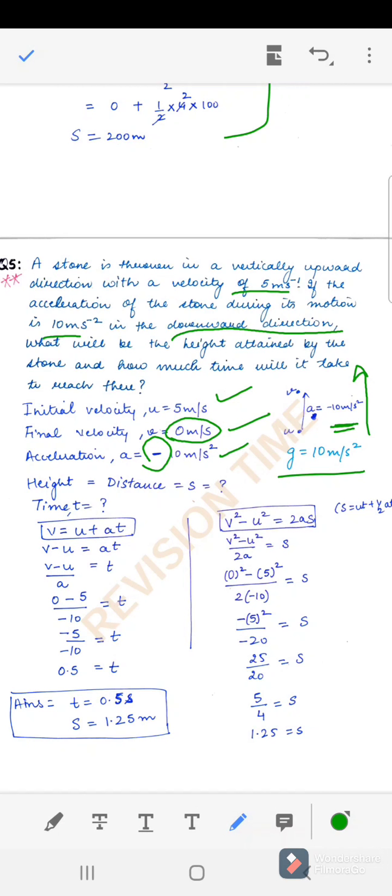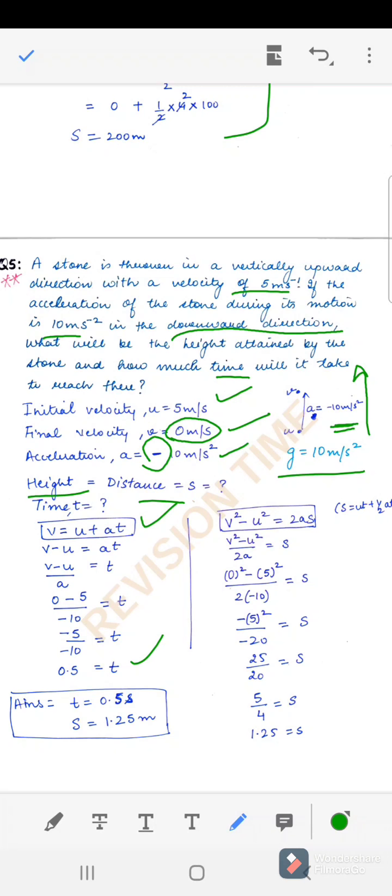So what we have to find here is the height, that is nothing but the distance traveled, because the journey of the stone is upward, and we also have to find the time. It is clearly given that you have to find time. So for time we will apply the formula v is equal to u plus at and get the answer like this.